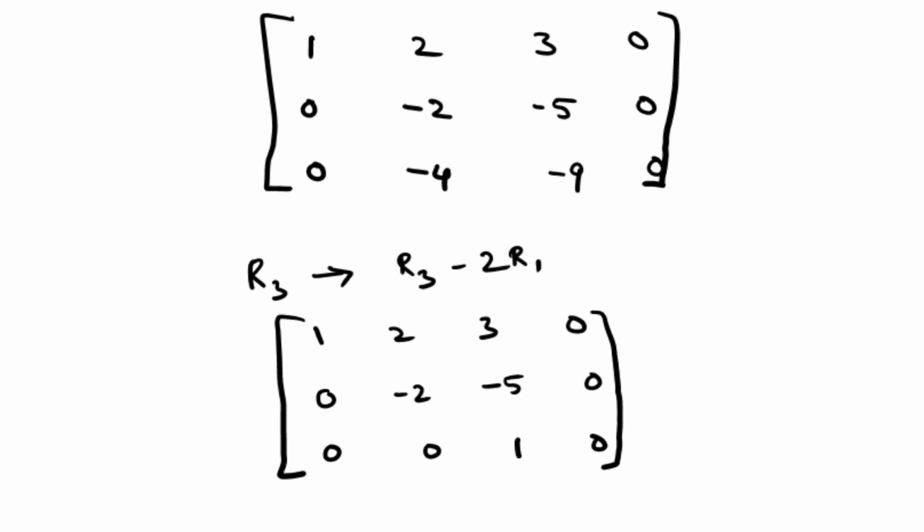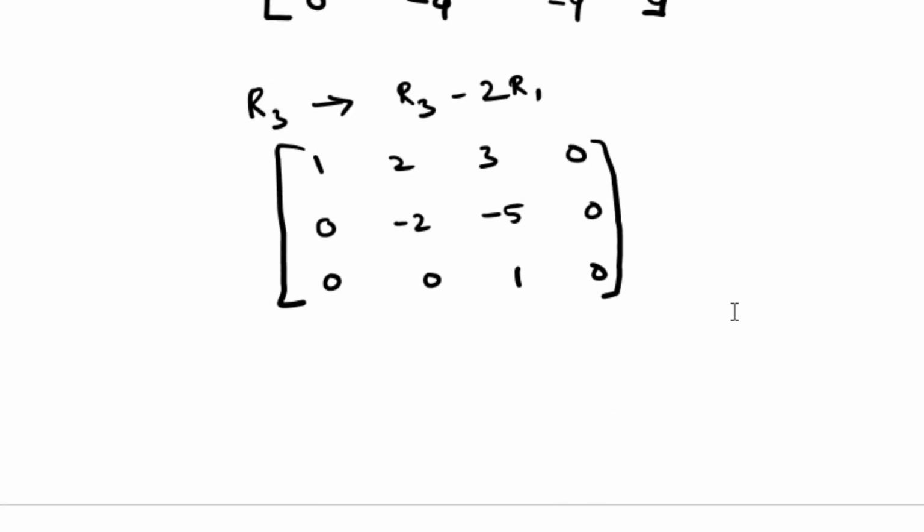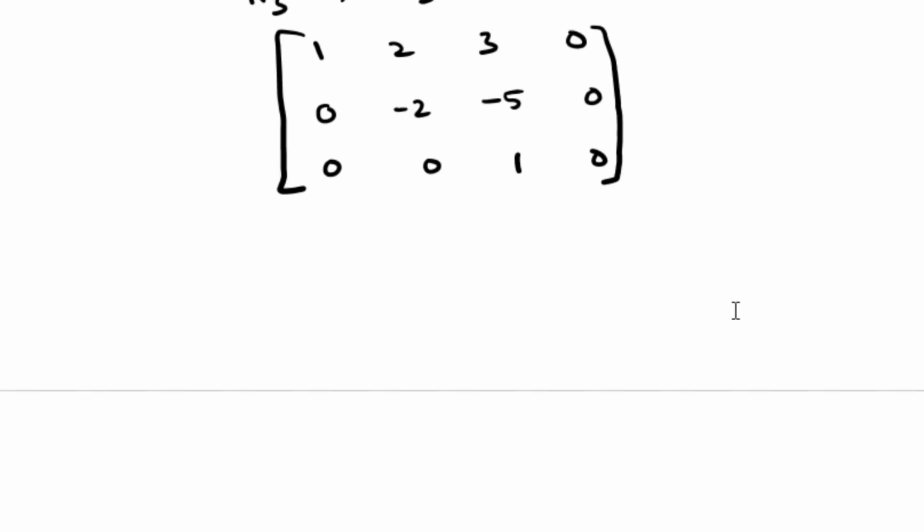Now, by observing this matrix, the first row indicates x plus 2y plus 3z equals 0. The second row indicates minus 2y minus 5z equals 0.